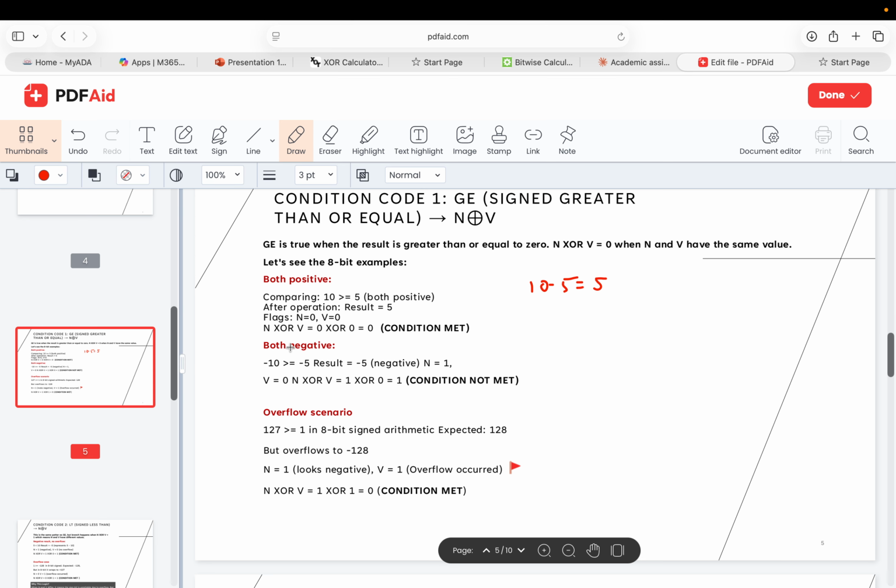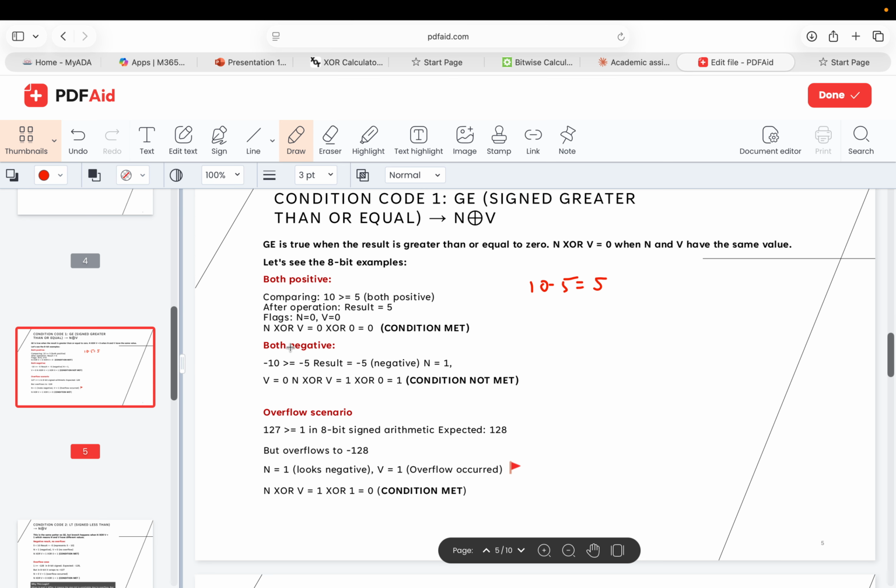Let's see the overflow scenario. In the overflow scenario, we compare whether 127 is greater than or equal to 1, and in the arithmetic operation, the result overflows to negative 128.